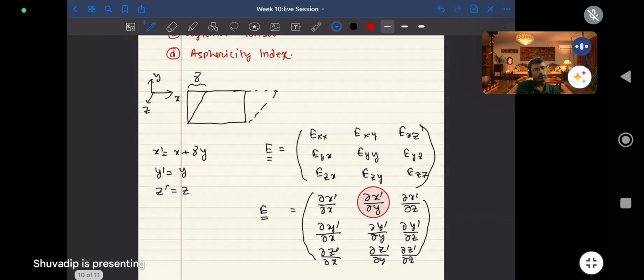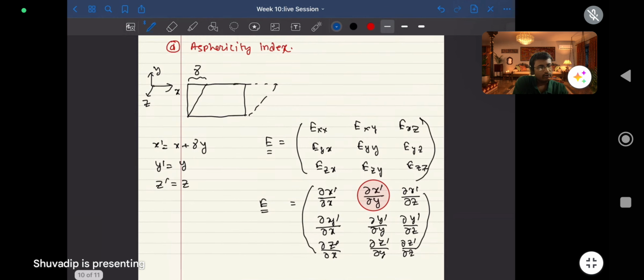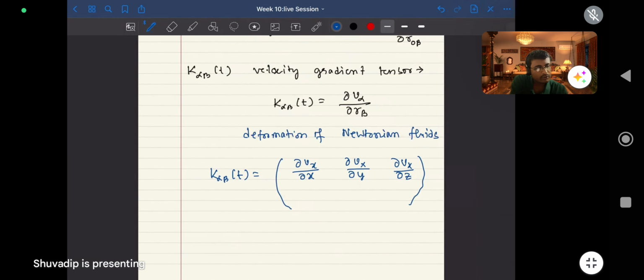Here we have x, y, z in the denominator and the v components in the numerator. So here also similarly we can write down the 9 components of the velocity gradient tensor.